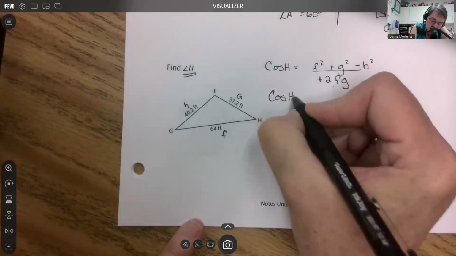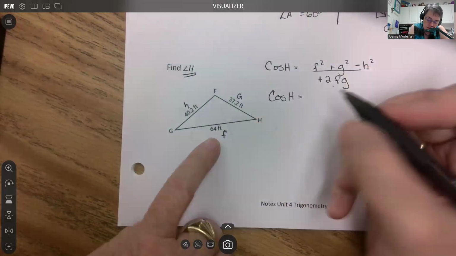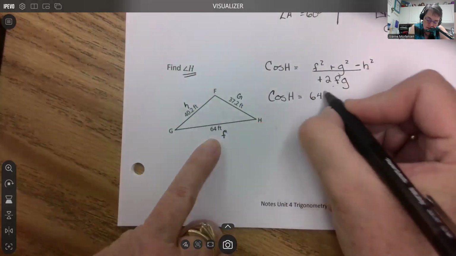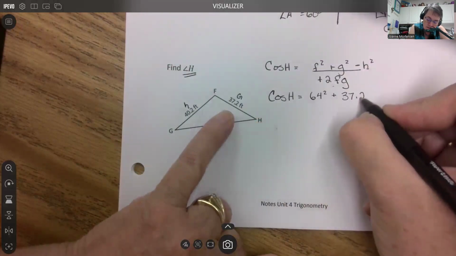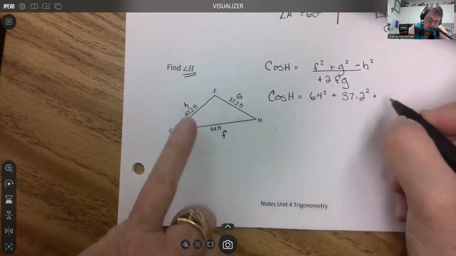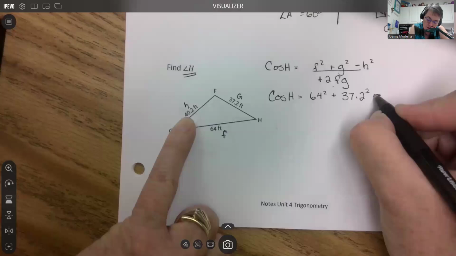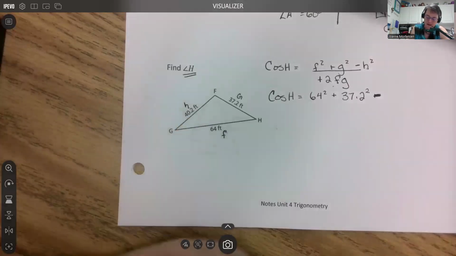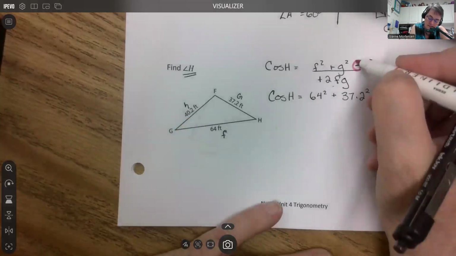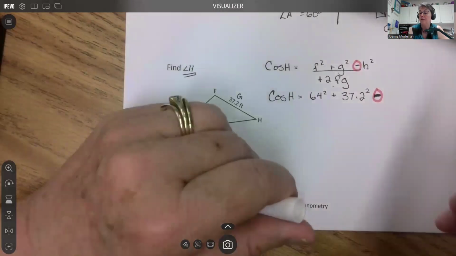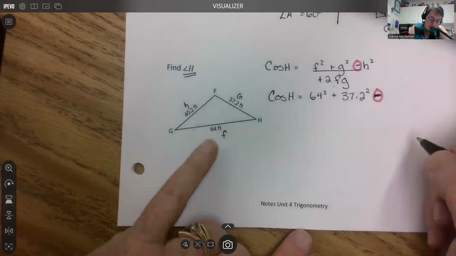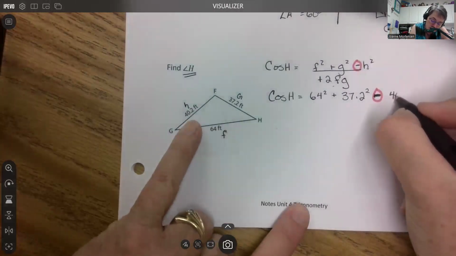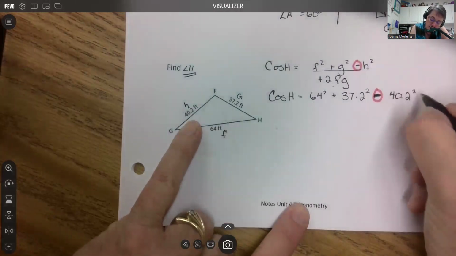cos h is equal to f squared, 64 squared, plus g, which is 37.2 squared, plus h. Whoopsies, no. Might not be a bad idea to do that, or do it in your formula to remind yourself. h is 40.2 squared.